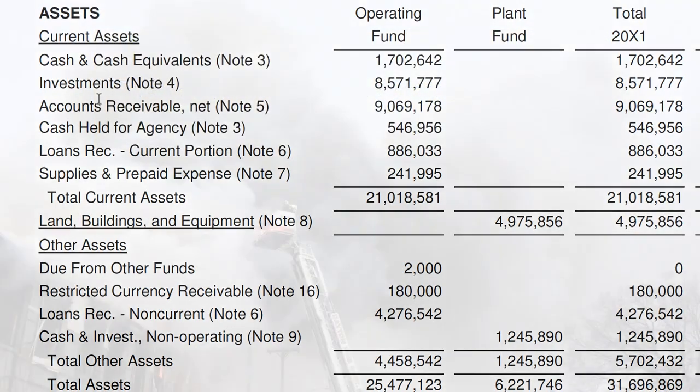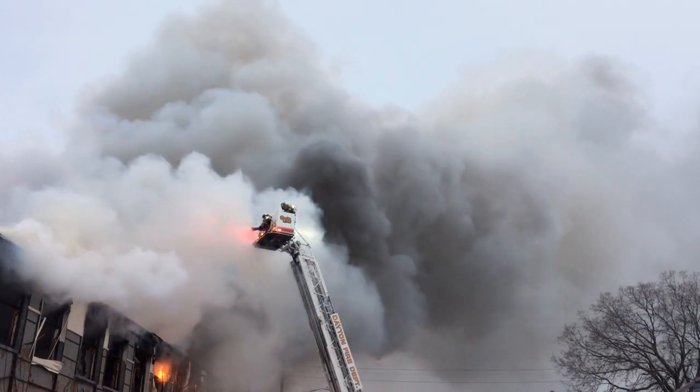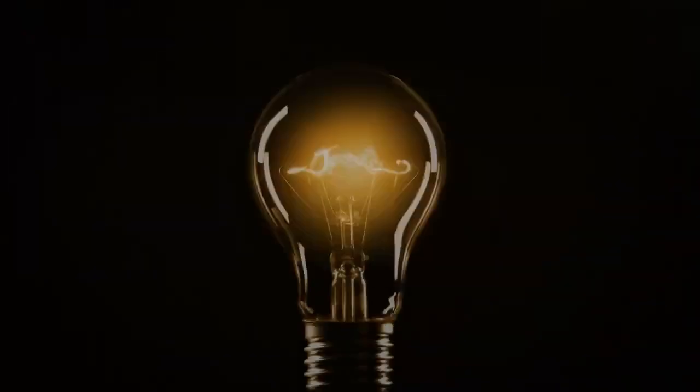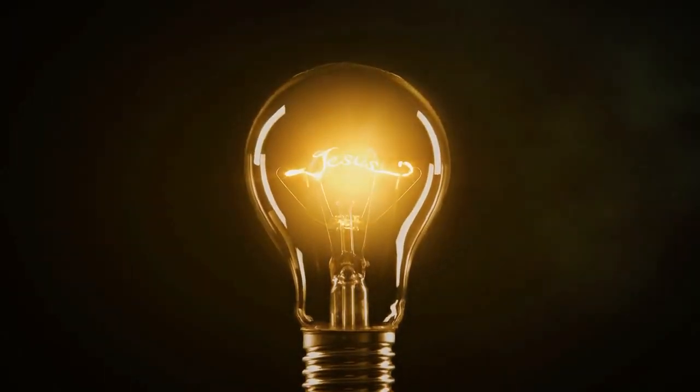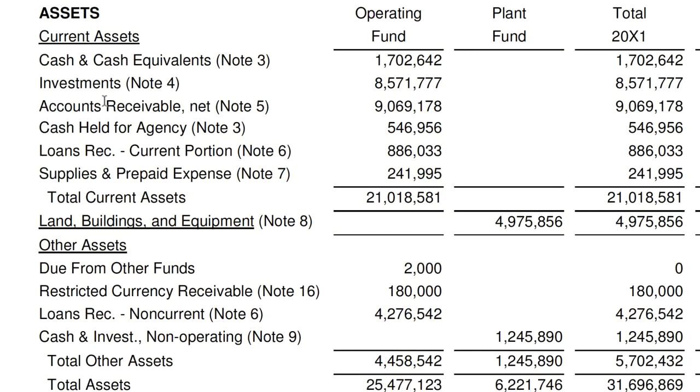What do I have to help me in an emergency that arises in the next 12 months? What do I have to help me with a new initiative that I want to start sometime in the next 12 months? So the first test of a current asset is that it is an asset that can be turned to cash in 12 months.